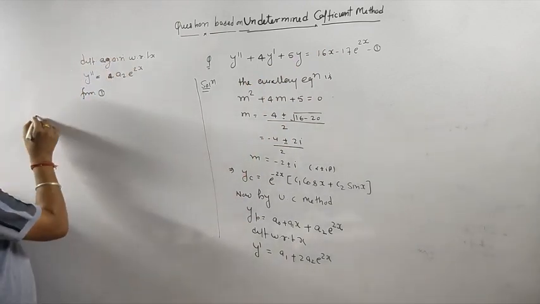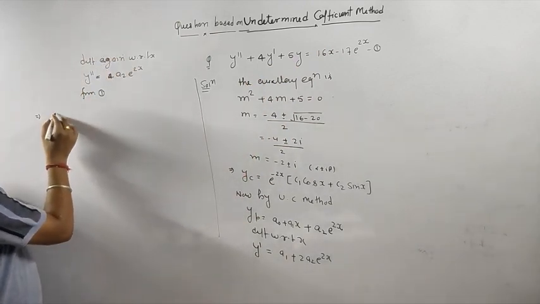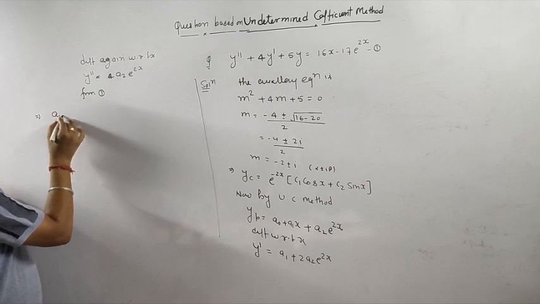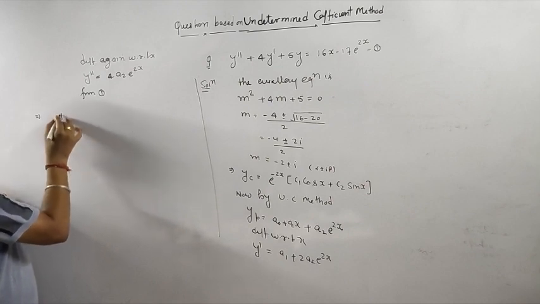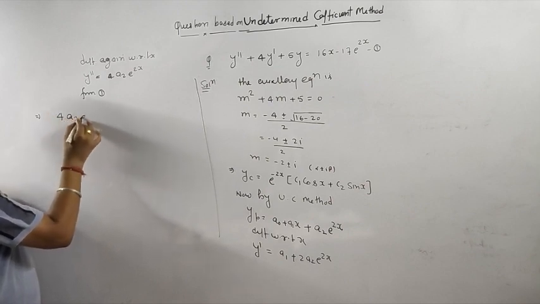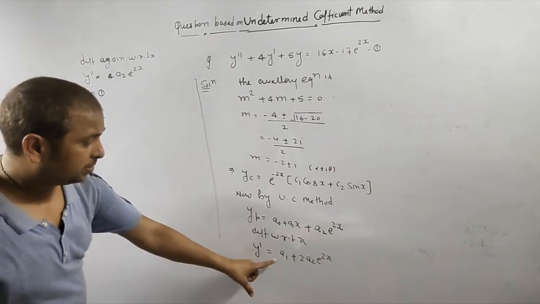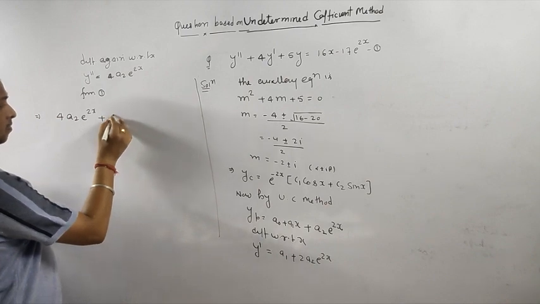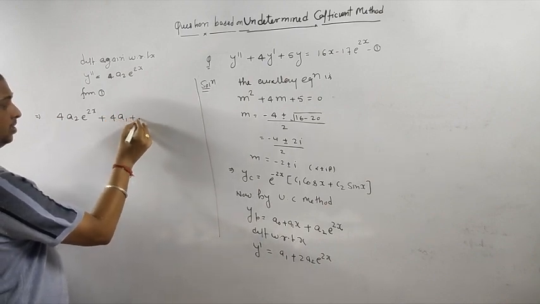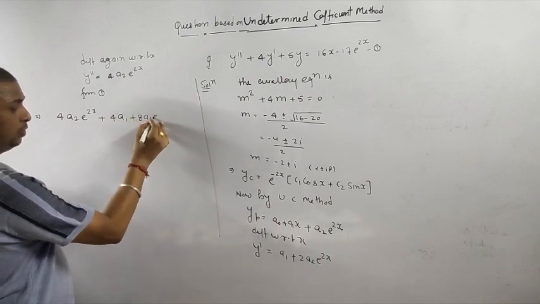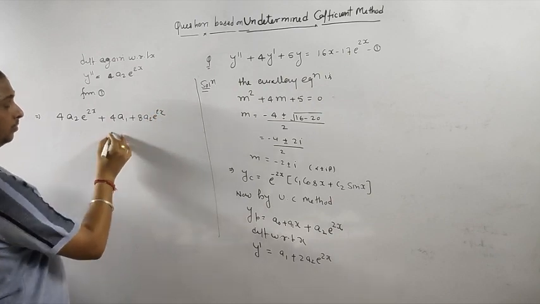So what do we get? What is y double dash? y double dash means 4a2 e to the power 2x. 4y dash means 4a1 plus 8a2 e to the power 2x.